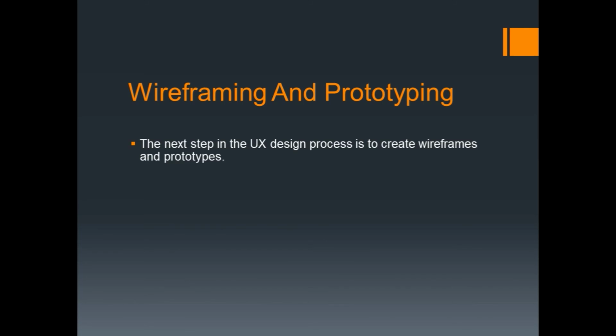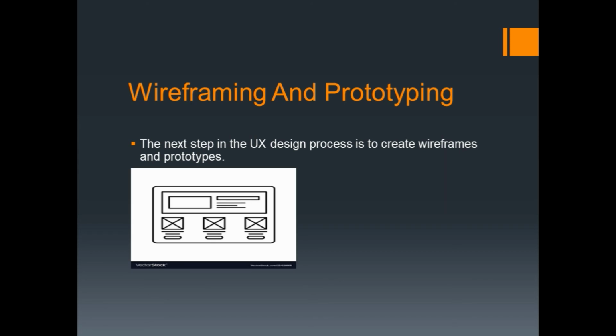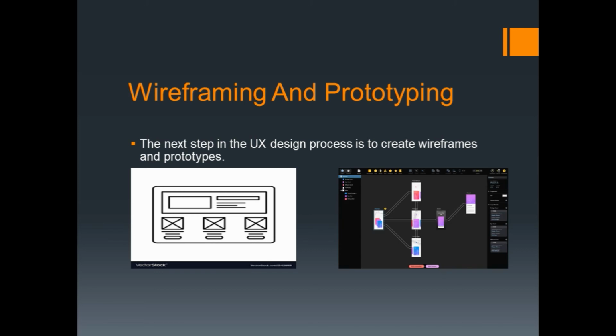A wireframe is commonly used to lay out content and functionality on a page, which takes into account user needs and user journeys. And a prototype is used to understand and see how a product or application works, what it does, and how you should interact with it.